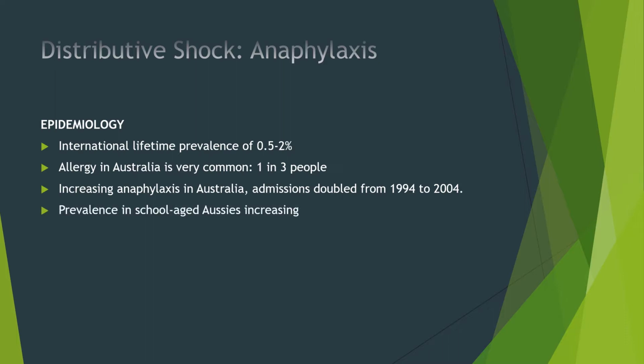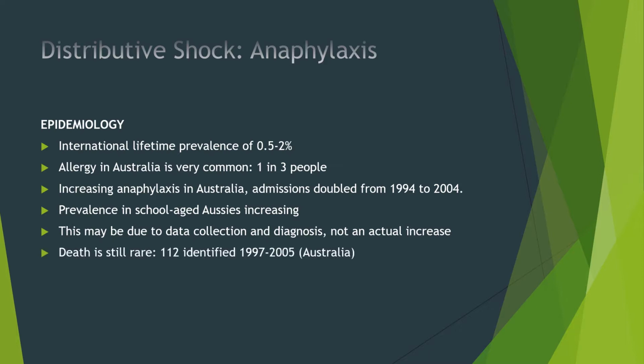But we're also seeing the prevalence in school-aged children increasing from 0.98% in 2009 to 1.38% in 2014. And with that, we're also seeing more activations of adrenaline auto-injectors in this time as well. But this data may not be because the actual frequency of these events are increasing, but because the data collection is better, and also because diagnosis is better as well.